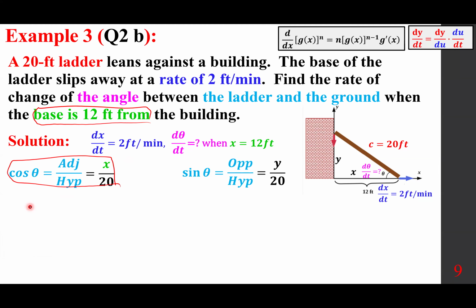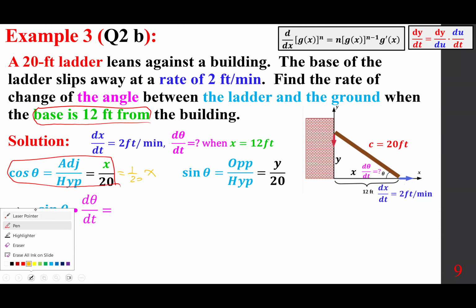So if I'm differentiating, I'm going to differentiate this one. I get minus sine theta, because the derivative of cosine is negative sine theta. But remember, theta is a function of t as well, so d theta dt. And now the right side, I'm going to rewrite it so everybody can recognize this as 1 over 20 times x.